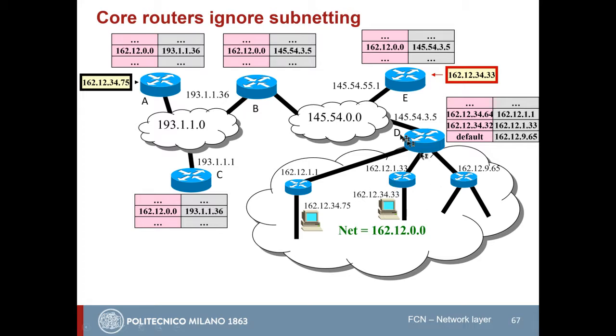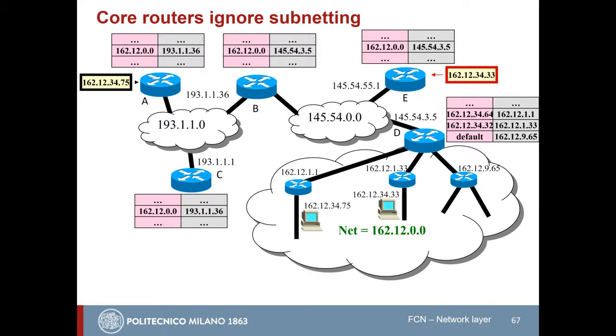This is an example that puts together subnetting and supernetting. Here you have a network which is locally divided, so subnetted into different subnets, and there are routers A, C, B, and E, which are external.